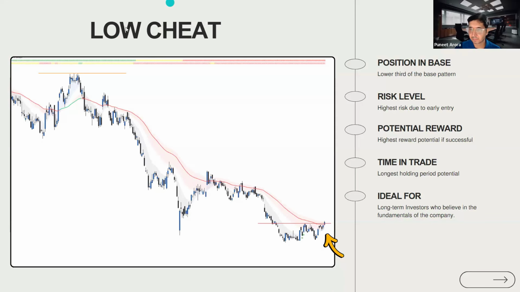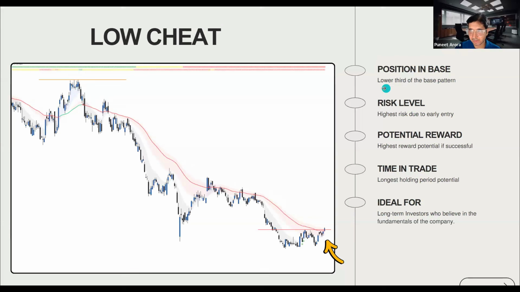So the position of this kind of a setup is lower third of the base. The risk level is high because we do not know whether the stock will actually be a valid breakout or will it be successful. Something like over here, if you can see the pointer here, it might have been a breakout from this level, but the stock faded again.